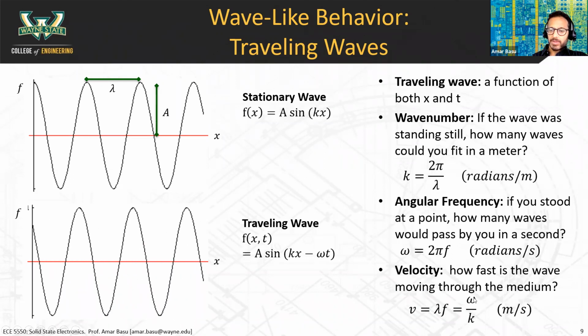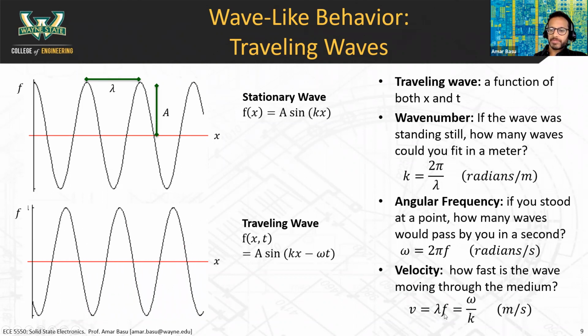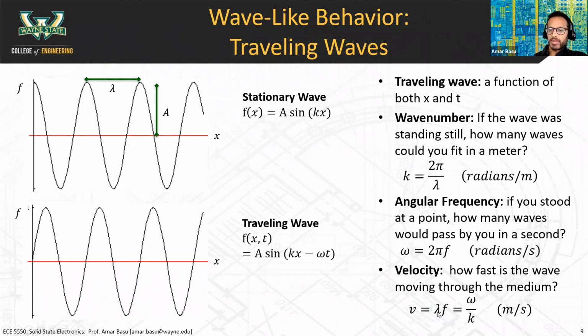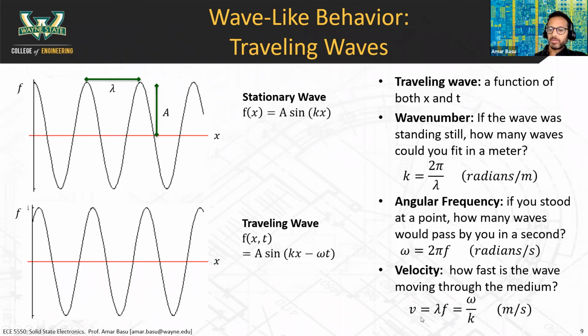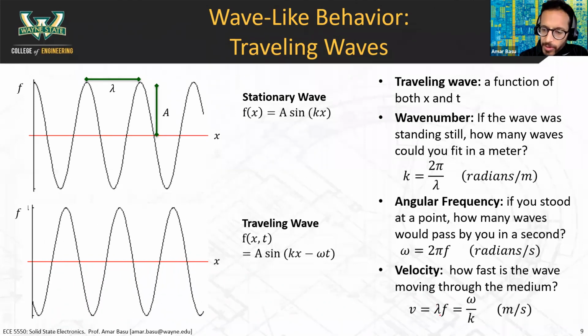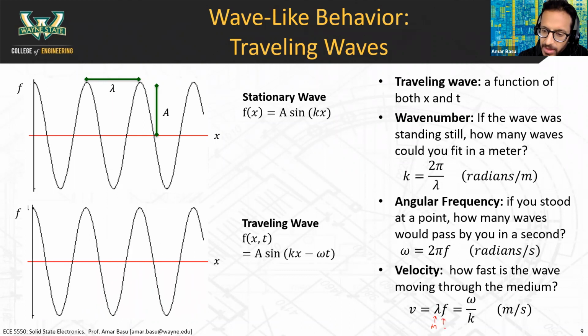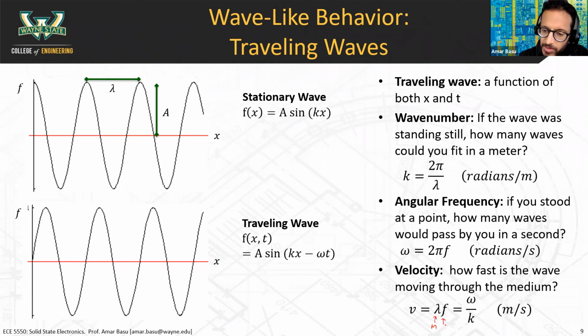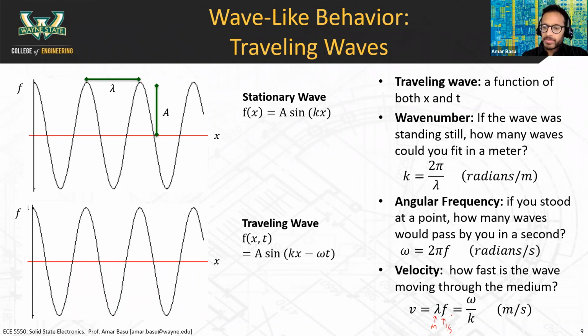The velocity of a traveling wave is given by lambda times f. Wavelength times the frequency is equal to the velocity. One way to confirm that is to remind ourselves that the wavelength is given in meters, and the unit for frequency is 1 over second. So velocity is just meters per second.